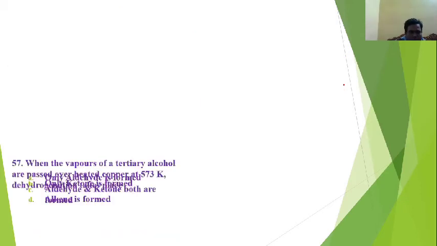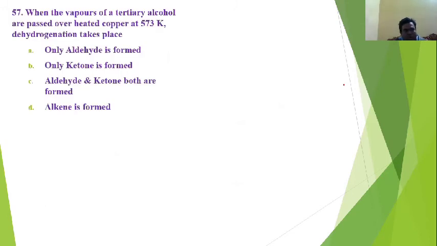Next question: when the vapors of a tertiary alcohol are passed over heated copper at 573 Kelvin, what is formed? It gives alkene, option D. Suppose here CH3, tertiary butyl alcohol, with CH3 here also.